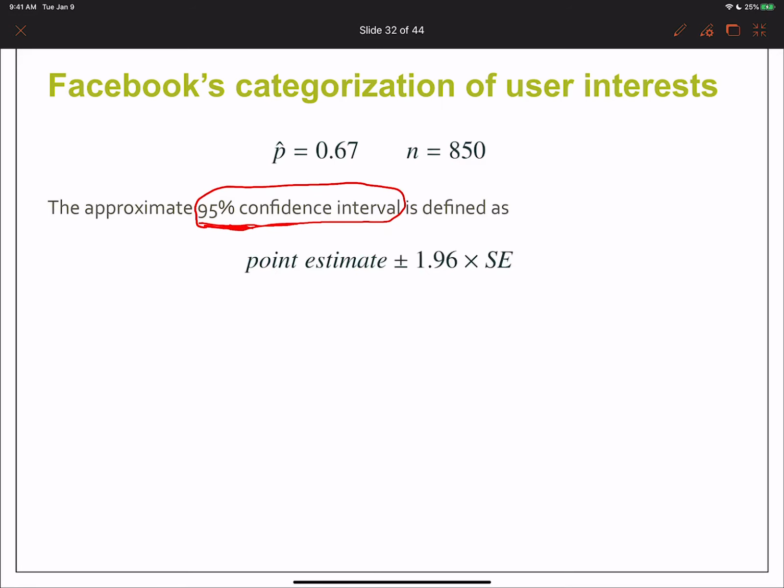So what we can do is we can just use this 1.96 as representative for that 95% confidence interval. We get 1.96 from our z-score table. The 1.96 is the z-score on one side that gets us to that 95%.